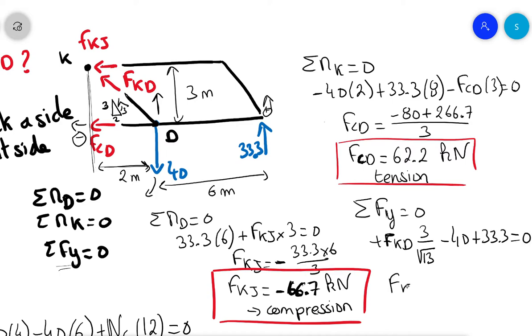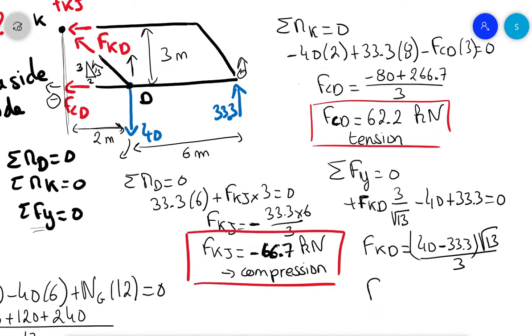So FKD is equal to 40 minus 33.3 times square root of 13 and divided by 3.